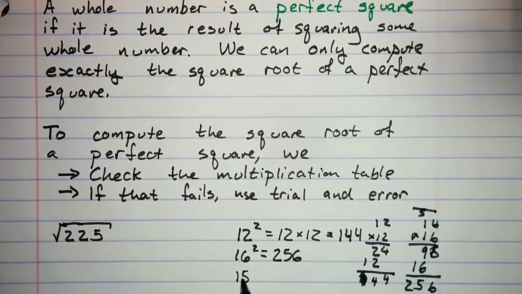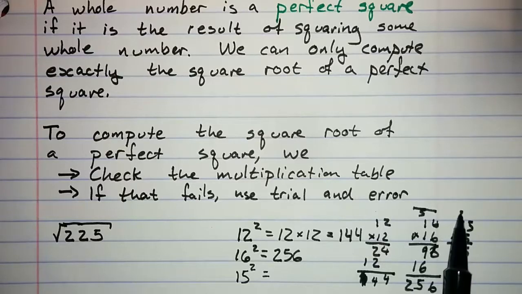Let's try 15. 5 times 5 is 25. 5 times 1 is 5, plus 2 is 7. 1 times 5 is 5. 1 times 1 is 1. 15 squared is 225.